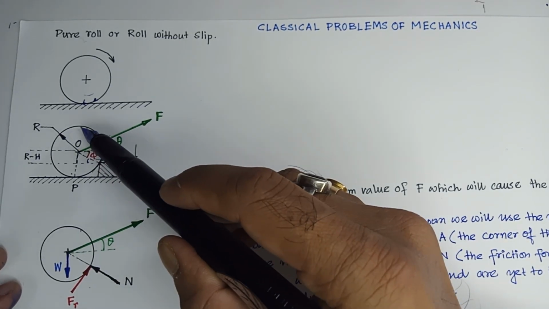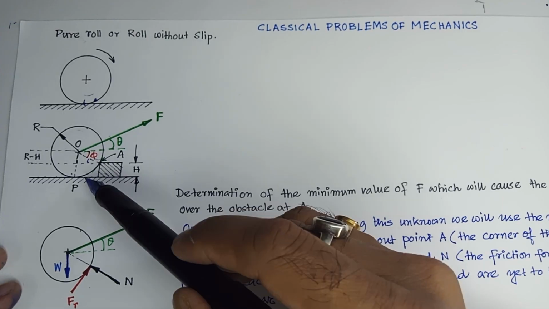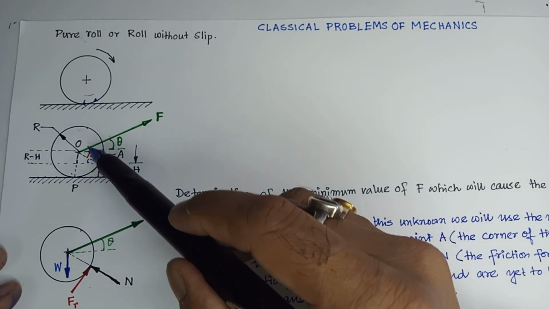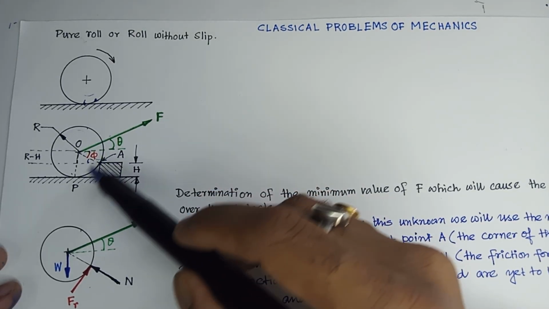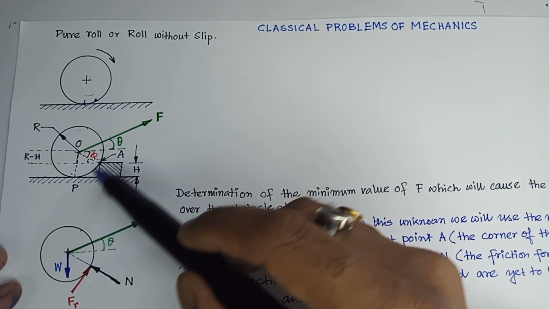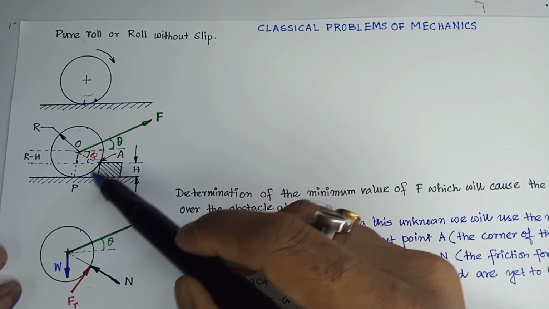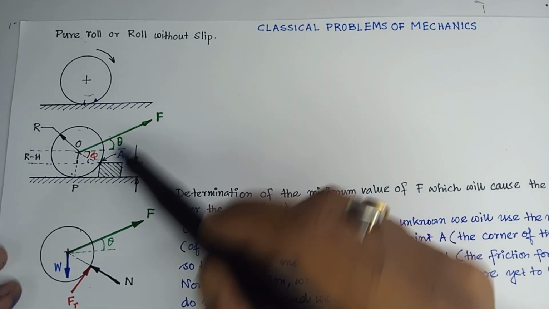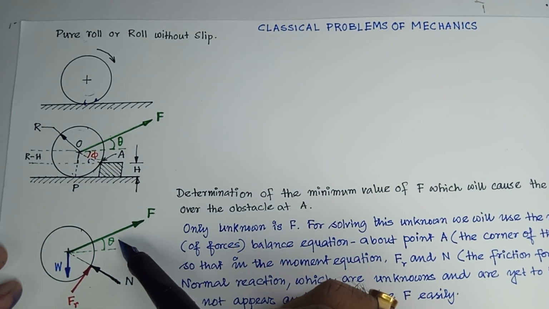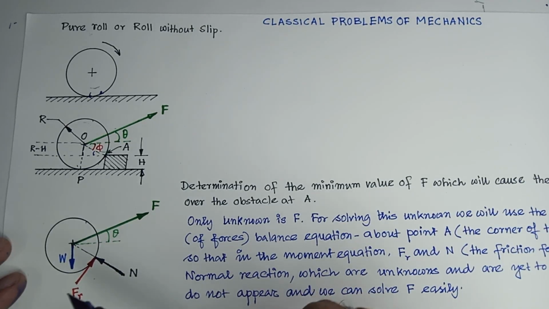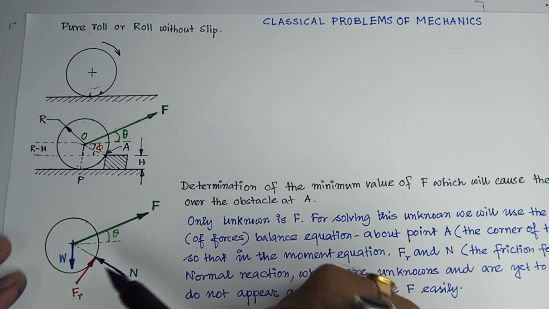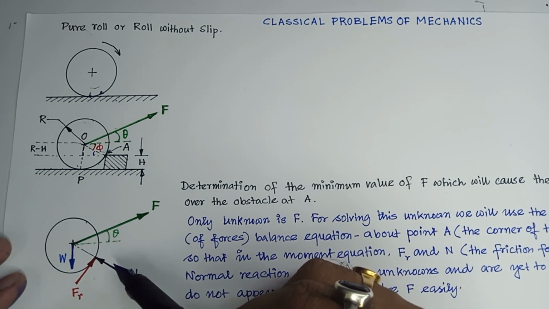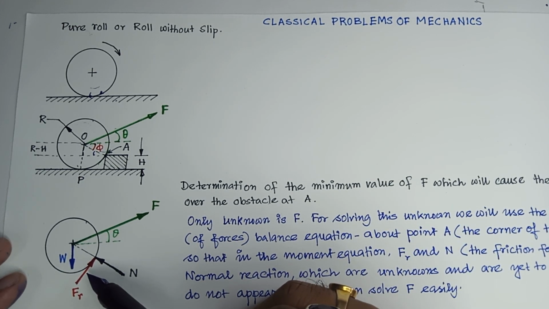So if this roller tries to roll in the clockwise direction, there will be a slip of this point A of the roller in the clockwise direction, tangential to the clockwise direction, and therefore the friction will be opposite to that direction, that is in this direction. So that should be simply understood, that without friction this problem does not have the right concept. So this friction will be there.